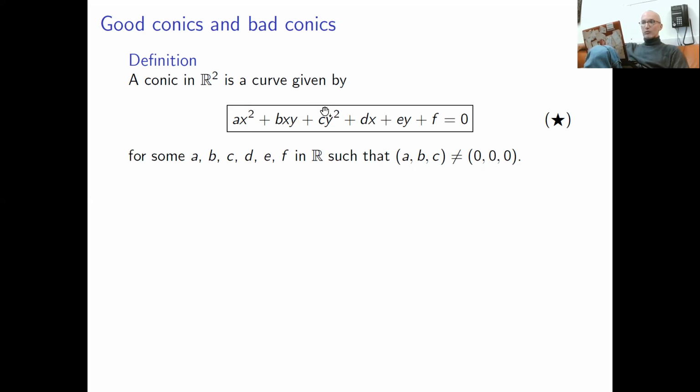There's a small problem with this definition, namely that it may happen that the numbers a, b, c, d, e, f are chosen in such a way that this equation doesn't define anything that looks like a curve. Imagine you have the equation x squared plus y squared plus 1 equal to 0. This is an empty set.